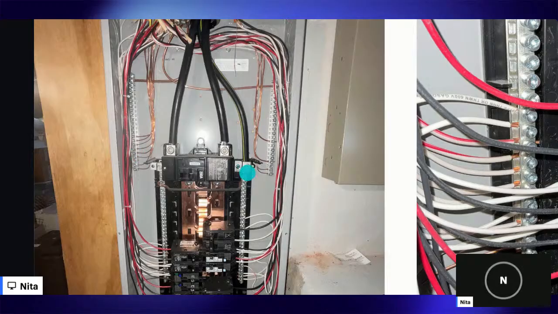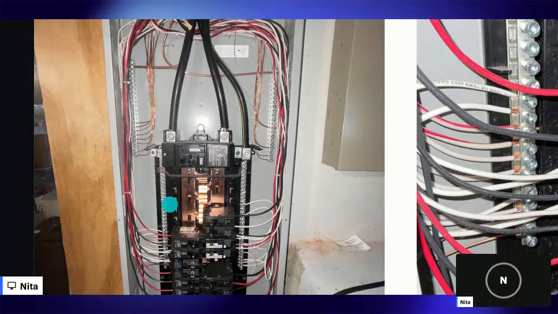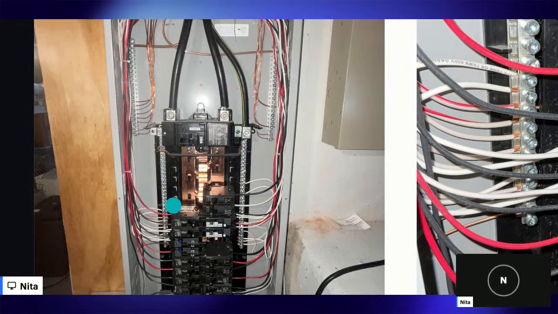Here we have white wires terminating on this bus bar, so it is a neutral bus bar. On this bus bar we have only bare copper wires terminating on it, so it is a grounding bus bar. That's correct. On this bus bar, if we had white wires and bare copper wires, then what would that be?